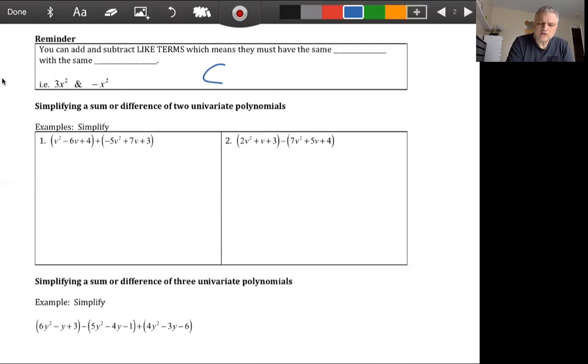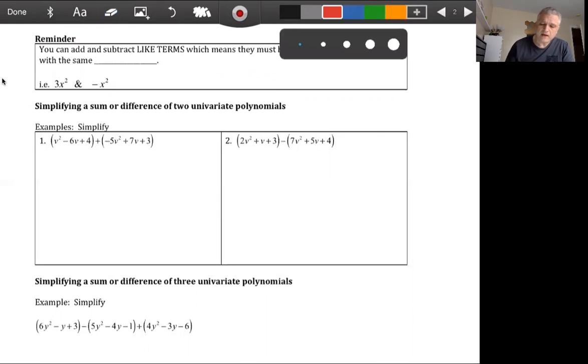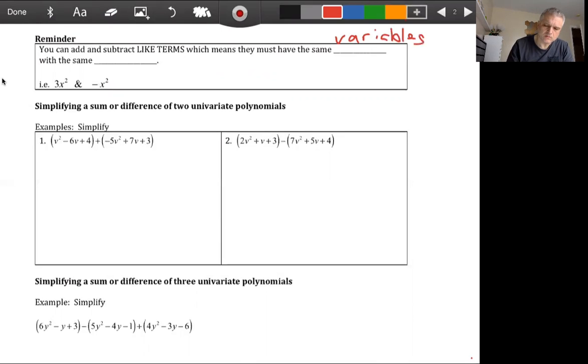When are terms like terms? Well, they are like terms when they have the exact same variables. So if one term has A, B, the other term, in order to be a like term, must have A, B. If one term has X and the other term has Y, they're not like terms.